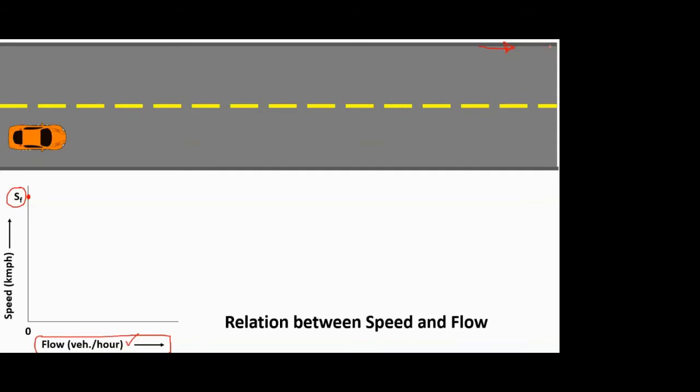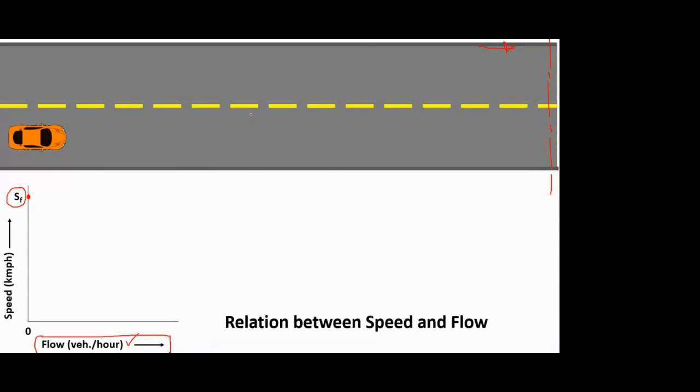Suppose we consider the extreme right side of the road as that point. We will be interested in knowing how many vehicles are passing through this point, and by that we will get the flow value.